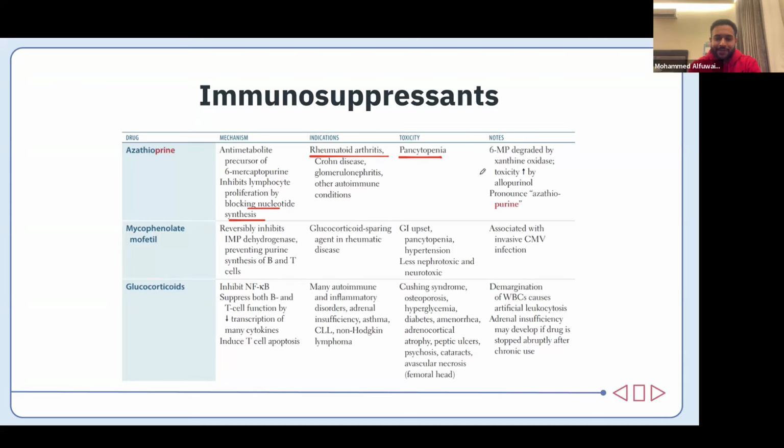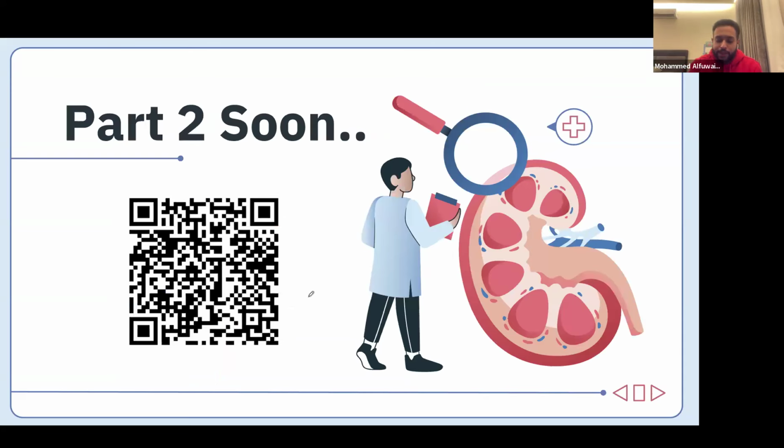Which organ? The liver. It causes hepatotoxicity and myelotoxicity. Remember that, so we follow up with liver function tests and CBCs. Then we have MMF, which inhibits IMP dehydrogenase in purine synthesis. And then we have steroids, which we studied a lot until now.